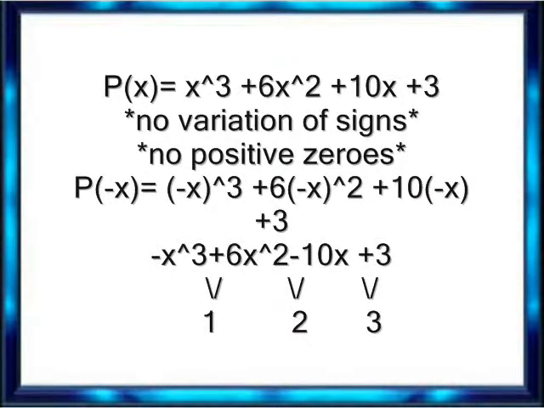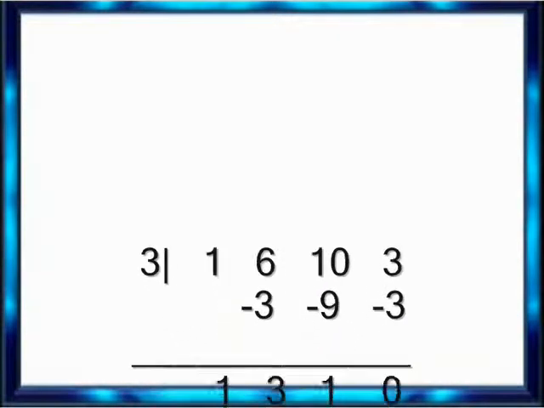So it will become negative x cubed plus 6x squared minus 10x plus 3. There are 3 variations of signs, so 3 possible negative roots or 1 possible negative root, and 2 imaginary roots. The next way is to use synthetic division.